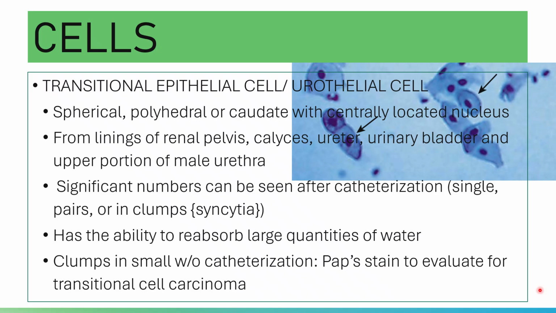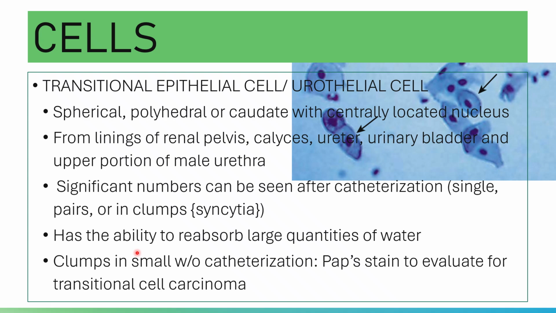Significant numbers of transitional epithelial cells can be seen after catheterization, as singles, pairs, syncytia, or clumps. But in cases where there is no catheterization or instrumentation and large clumps of transitional epithelial cells are seen, further evaluation should be done to rule out transitional carcinoma.